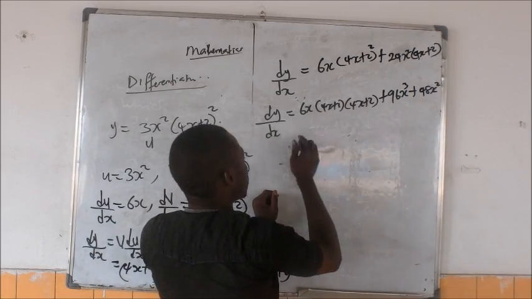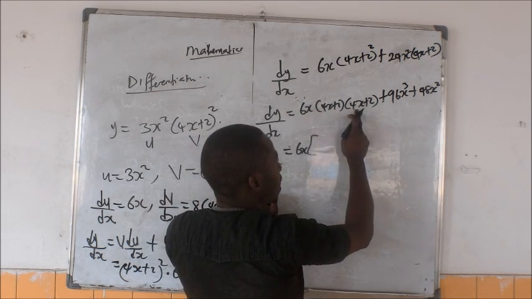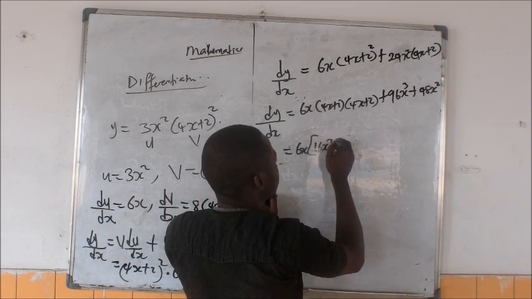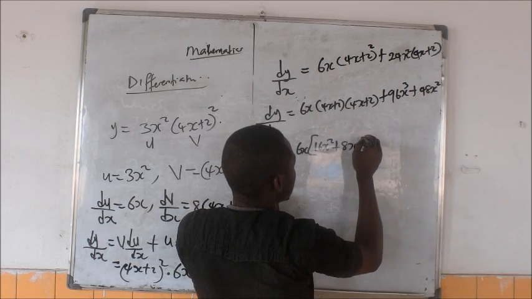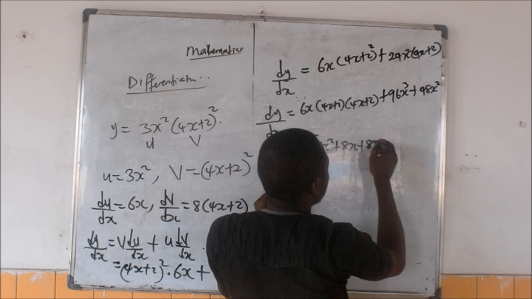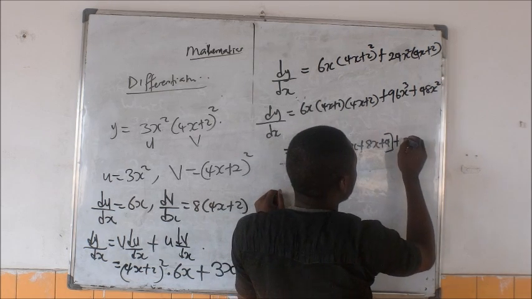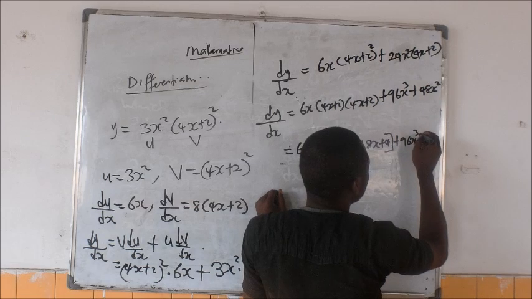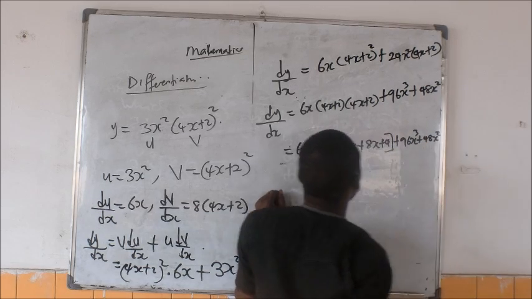Then you open the bracket for this one. Then you use it to multiply this one. What will you now have? 6x into 4x times 4x. That's 16x squared. 4x times 2, that's 8x. Plus 2 times 4, 8x. 2 times 2 plus 4. Plus 96x raised to 3 plus 48x squared.